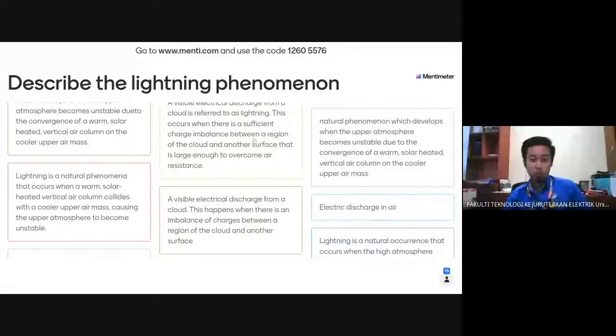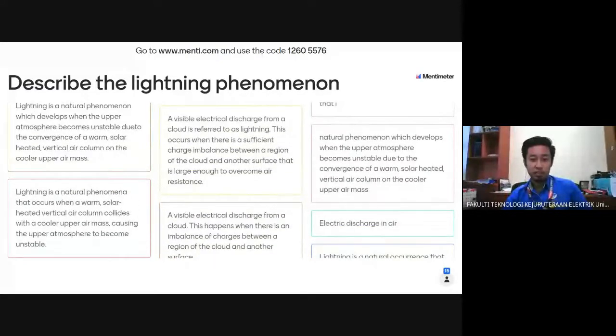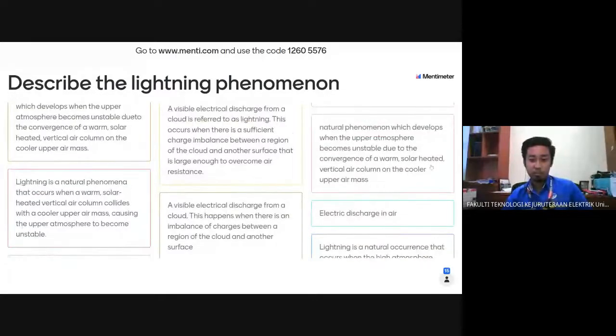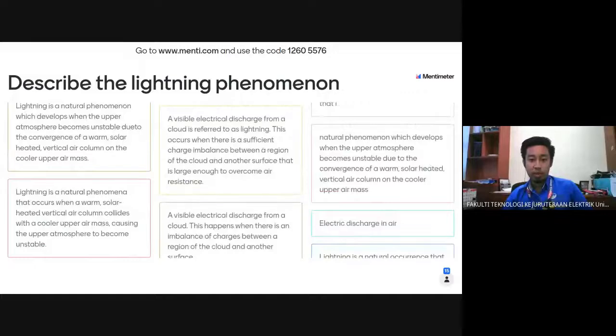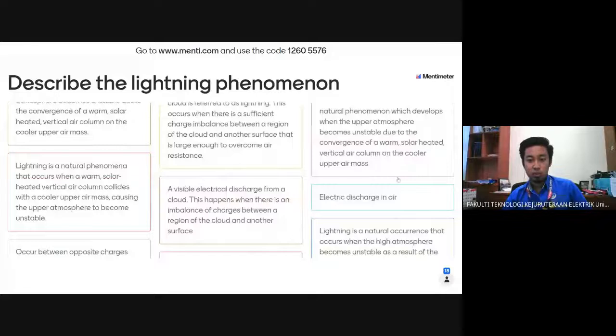This occurs when a sufficient charge imbalance between the region of cloud and surface is large enough to overcome air resistance. So this is a good point. Natural phenomenon which develops when the upper atmosphere becomes unstable due to the convergence of warm solar heated vertical air column, cooler air mass.